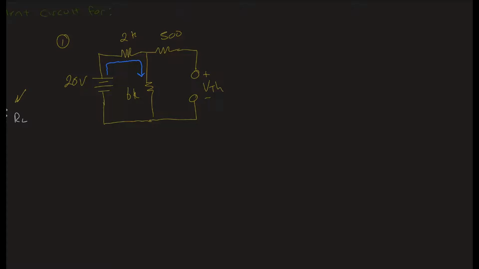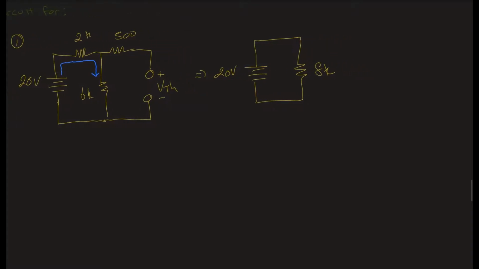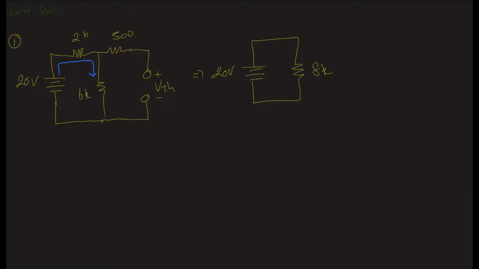And so we have, in this case, a 2K in series with a 6K. So when I shrink that, we've got 20 volts. And so notice it's like that 500 is not even there. It will be when we get to the resistance though. That's why I wanted to make sure I did this problem for you. Alright, we've broken it down as far as we can.